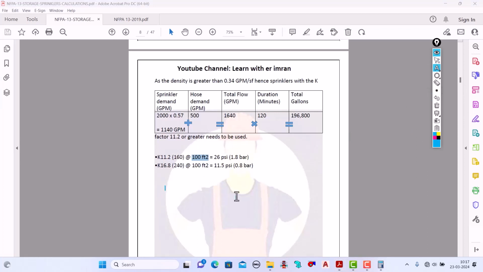So here Q is equal to K under root P. With K 11.2, multiply root P. And here Q we know is A into D. The A is 100 square feet into D. What is the D of one sprinkler? 0.57, right?